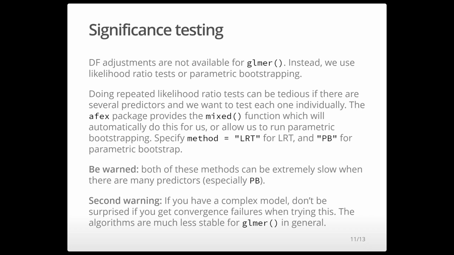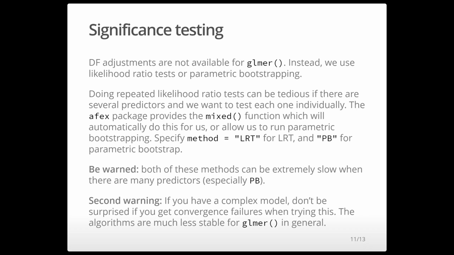If we have multiple predictors and we want to test the significance of each predictor, we could do repeated likelihood ratio tests. This could get really tedious the way we've learned so far. So there's actually a package called afex that provides the mixed function. What this essentially does is it keeps refitting different models, deleting one predictor at a time, and then running likelihood ratio tests, and then it outputs a table with each likelihood ratio test.